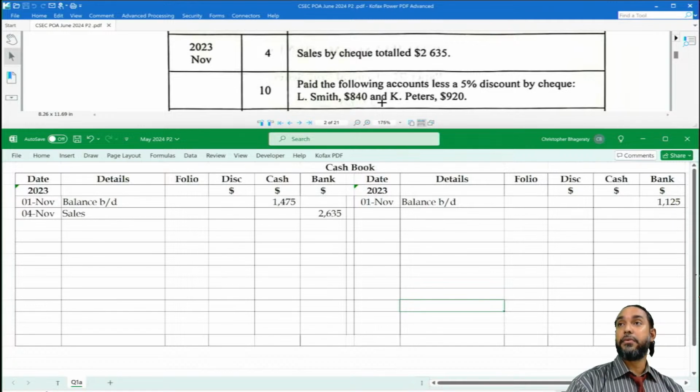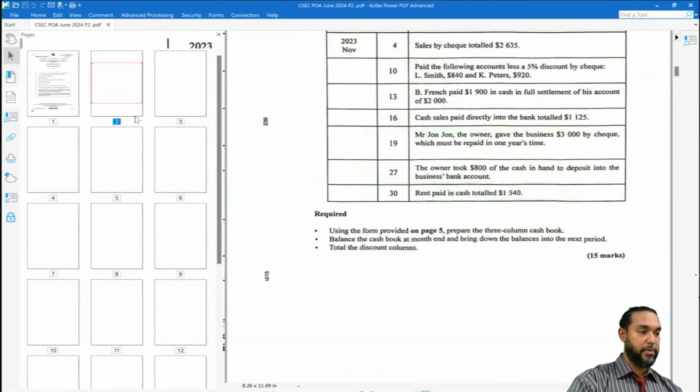Sorry, what? Do you want the next cash flow page? Yeah, no problem. Anybody else?